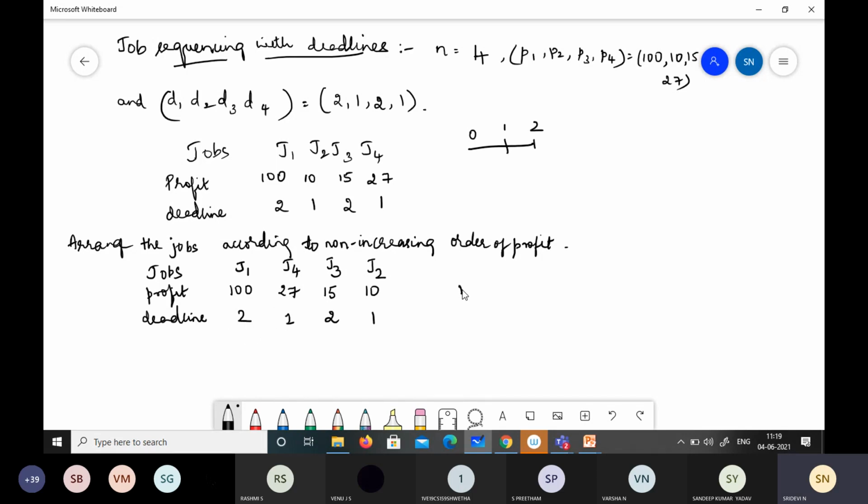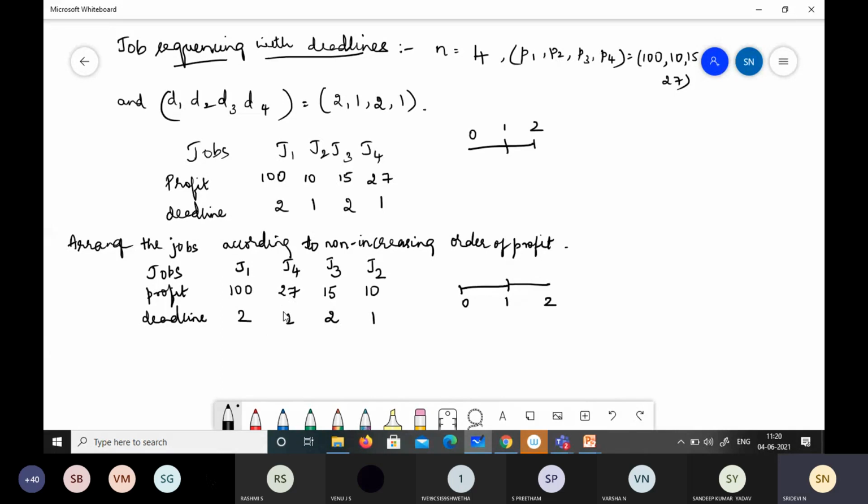So you should take 0 to 1 and 1 to 2. Only 2 is the maximum number of units you have. In that, we have to complete jobs such that you get maximum profit. Which 2 jobs can I take and complete?